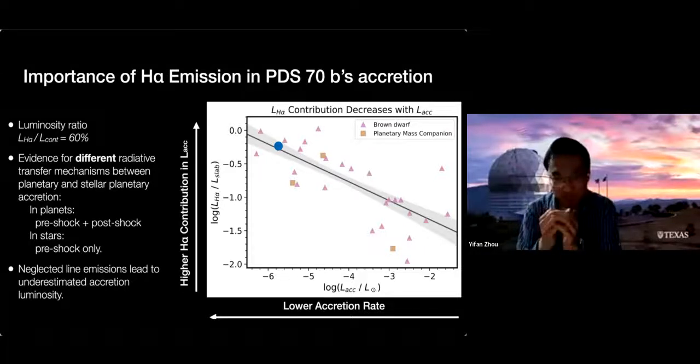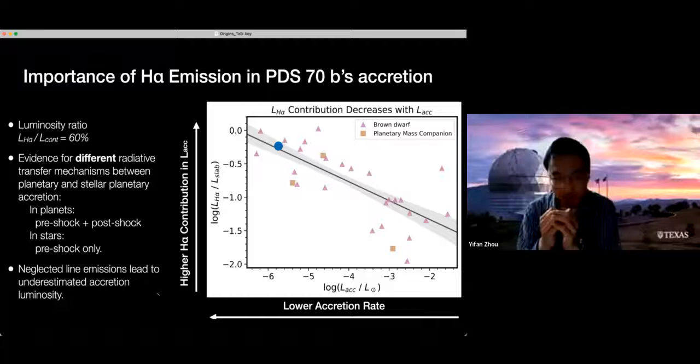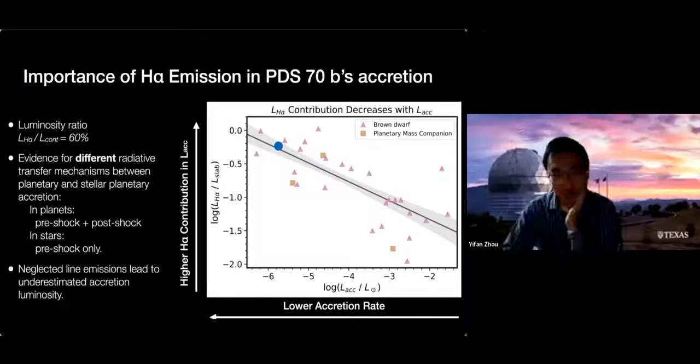If we neglect those lines, that may lead to an underestimated accretion rate measurement. The way out is probably to have a model that, if we can measure H-alpha, can tell us what the other emission lines are, so that we can include all the lines to get a more accurate accretion luminosity measurement.